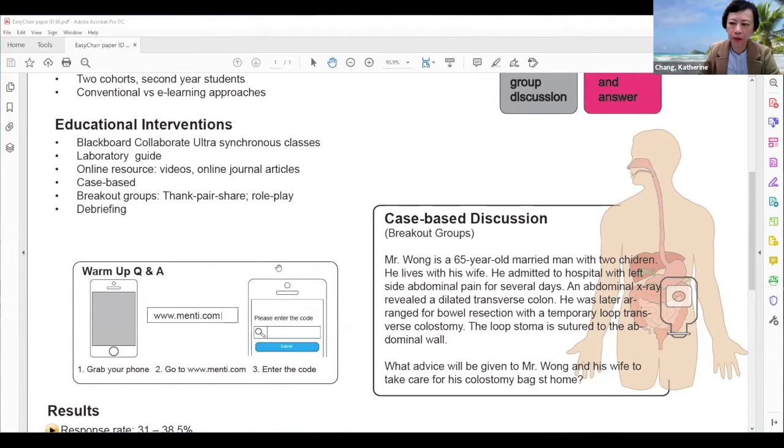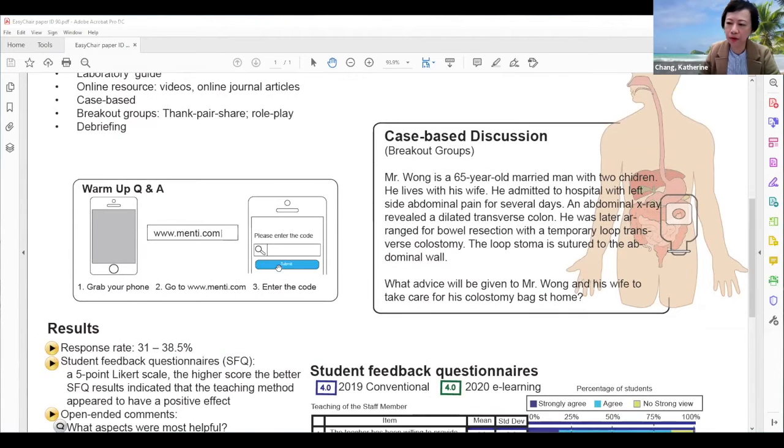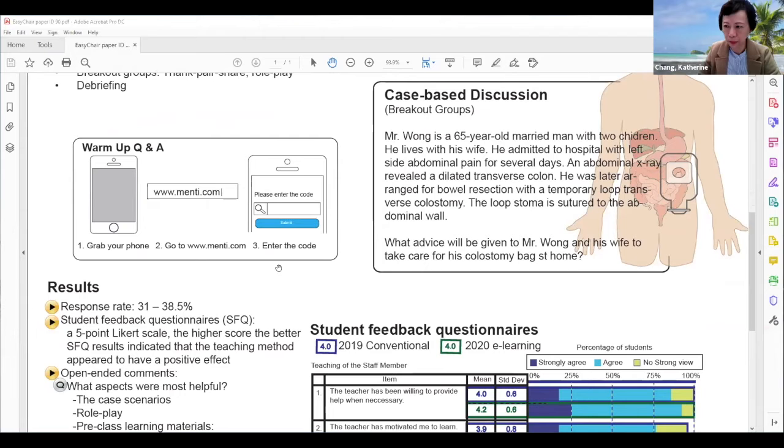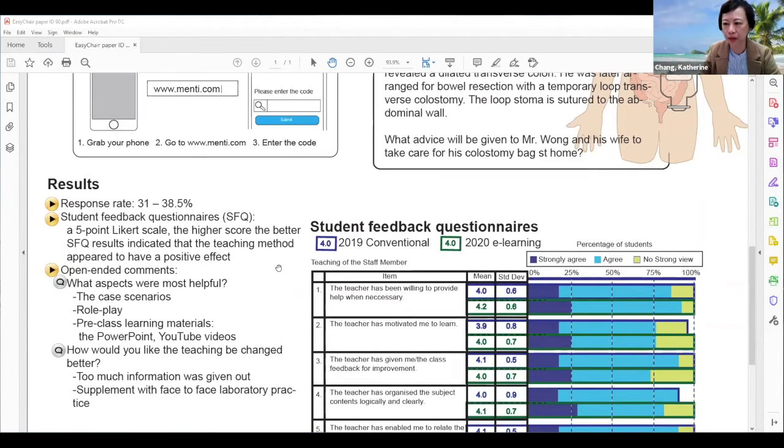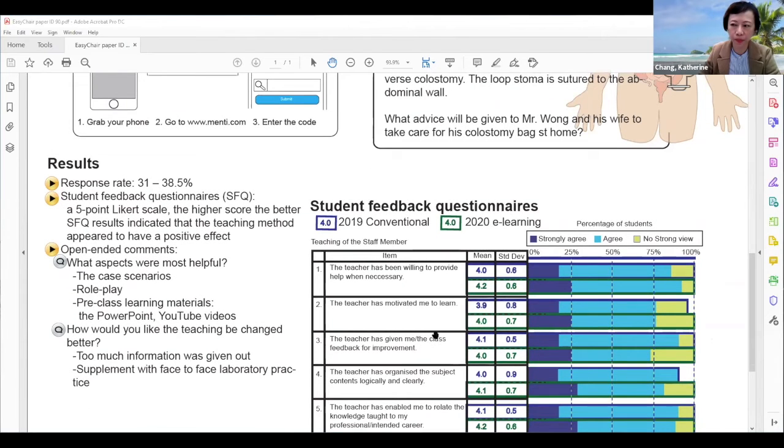Then, in comparison with the satisfaction of learning with the conventional method in previous years, students were satisfied with the learning experience through the synchronous online class in general. It's not perfect, but still the students felt satisfaction throughout the experience.